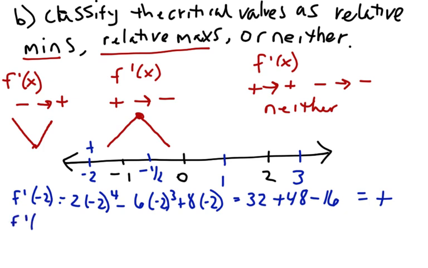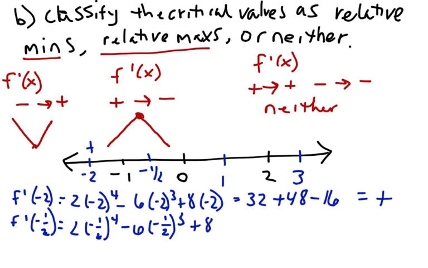F prime of -1/2. This one will be the most annoying to plug in because it's a fraction, but we can do this. 2 times -1/2 to the 4th power minus 6 times -1/2 cubed plus 8 times -1/2. Alright, where are my good arithmetic thinkers? This is something the AP exam could ask you to do without a calculator.